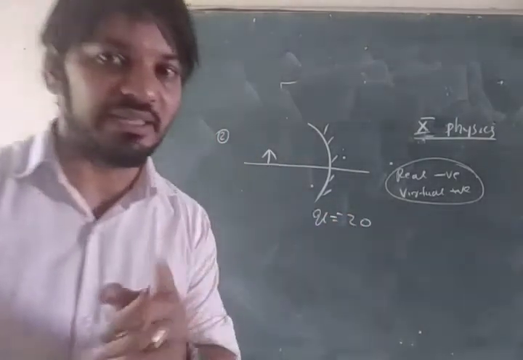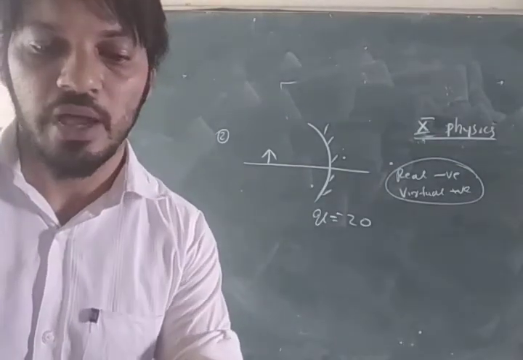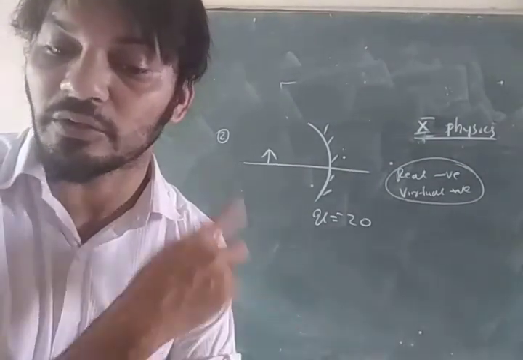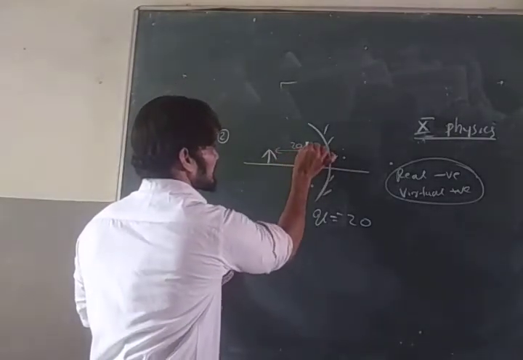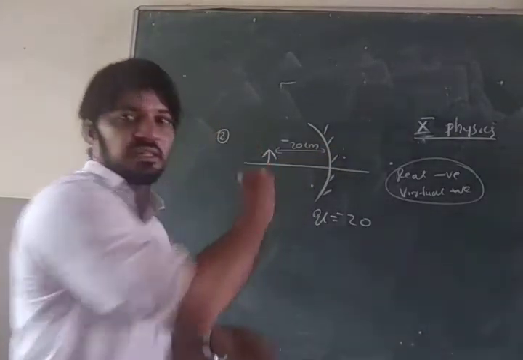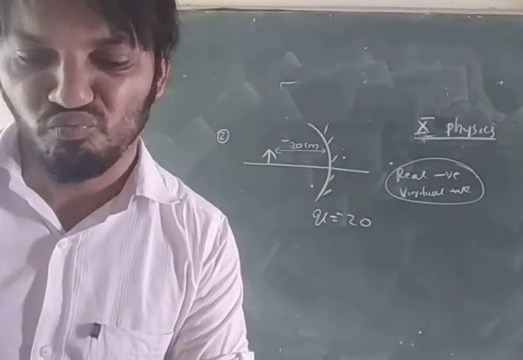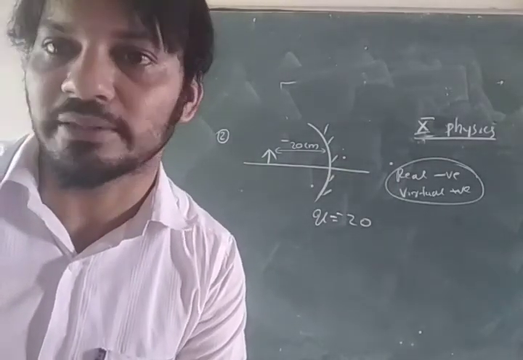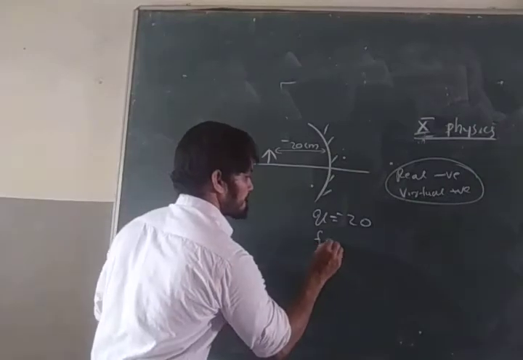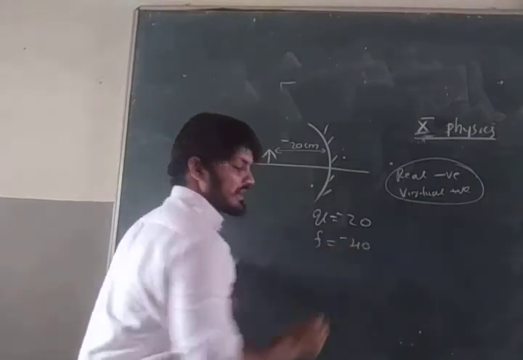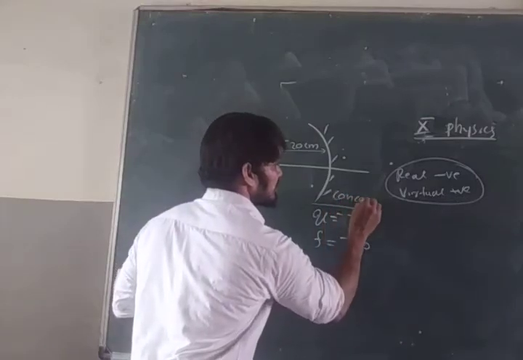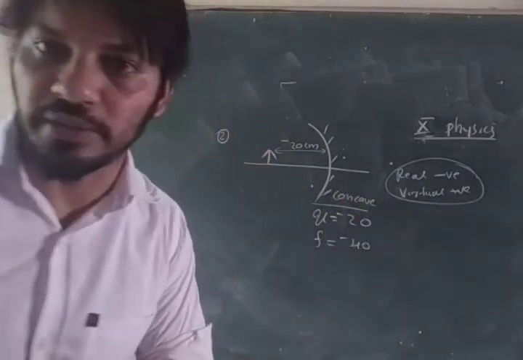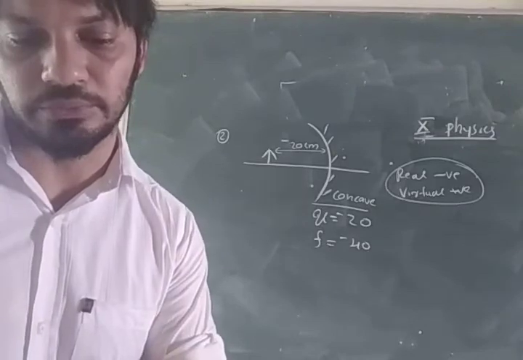You know minus 20 by the Cartesian sign. The distance is 20 centimeters, on the left side, so it is a negative number. The focal length is 40, minus 40. Why minus 40? Because it is a concave mirror, F is always negative.